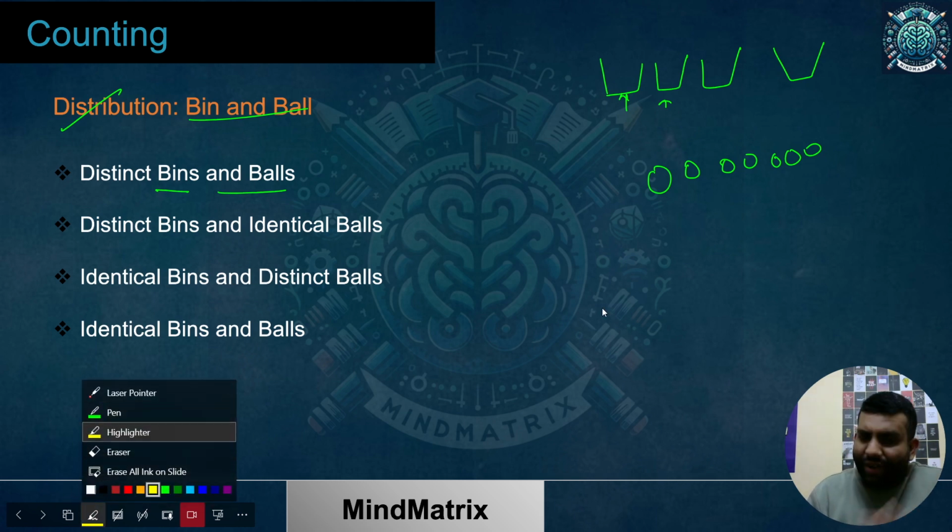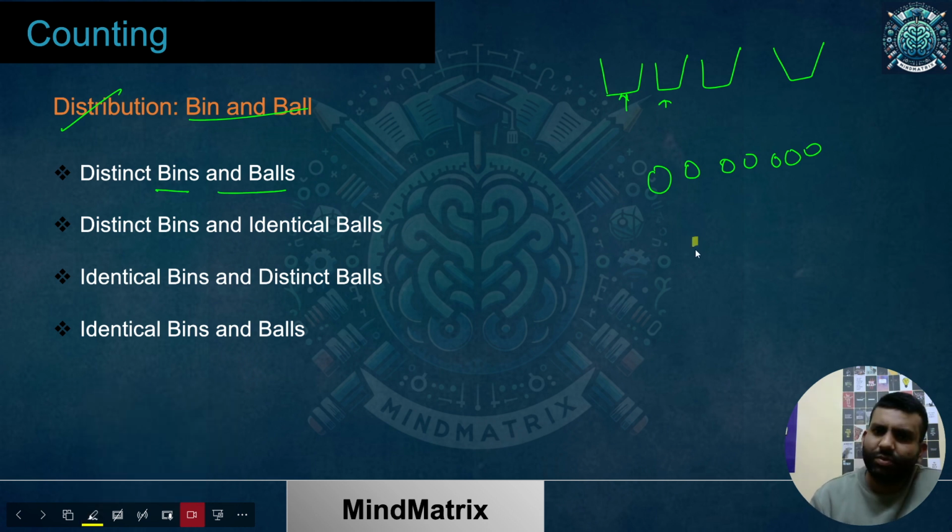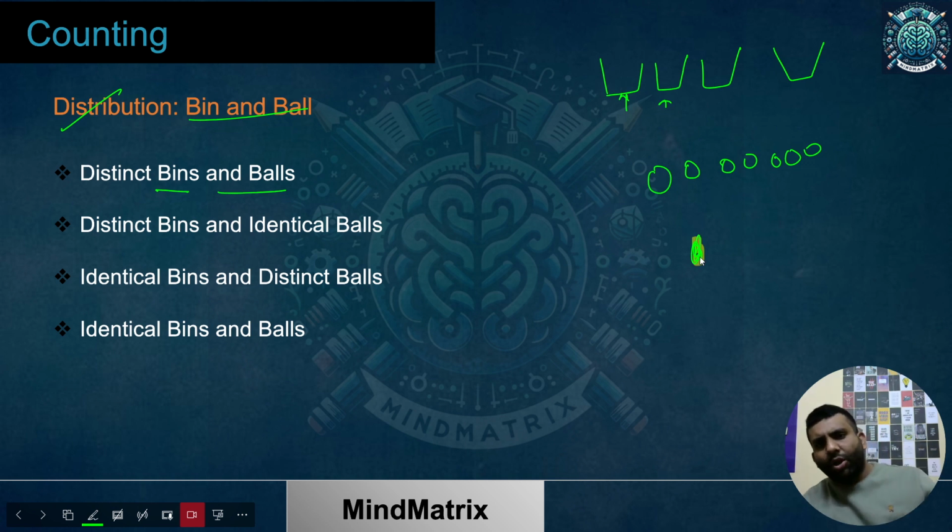For example, let's say you have 30 cards. If you remember in your childhood, there were Pokemon cards.